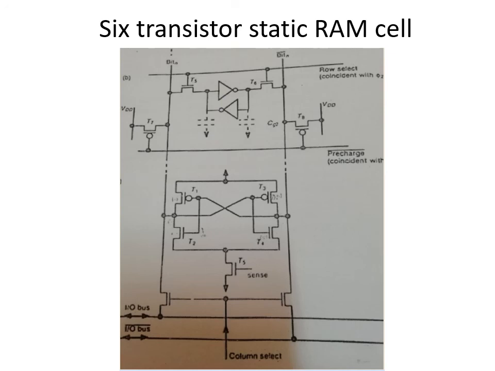That is how data is read through the two lines, IO bus and IO bus bar. For the read operation also, initially pre-charging is done, then the column select and row select lines both should be enabled, so that the data is read through IO bus and IO bus bar, in the original form as well as the complementary form.